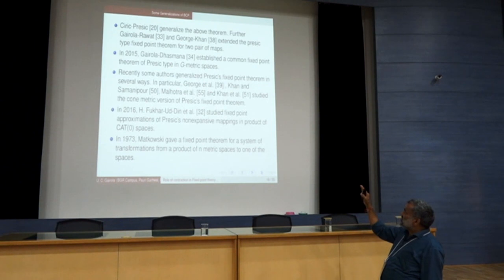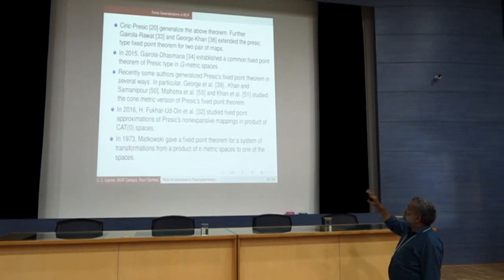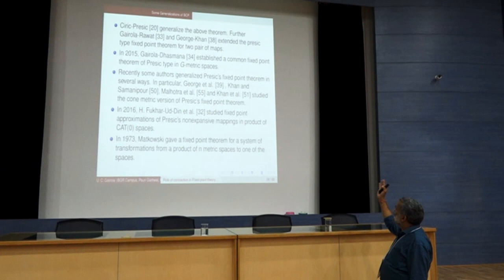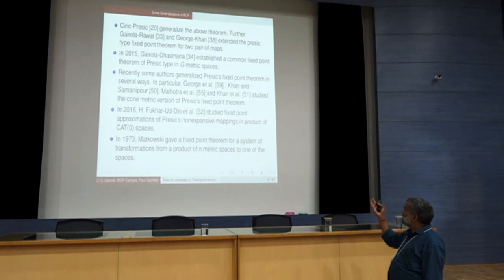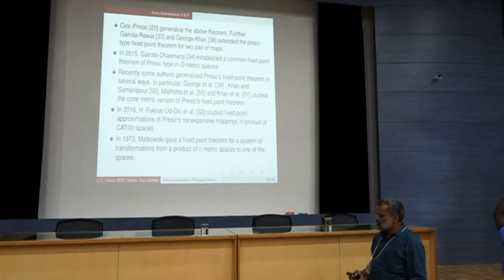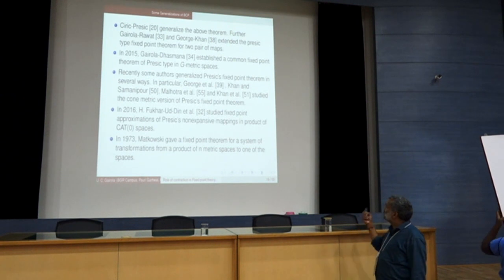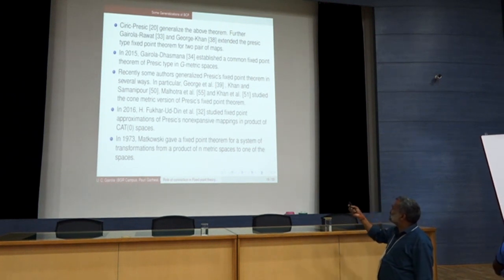Ciric generalized the above theorem further, and my research scholar Rawat and George Khan extended the Presic type fixed point theorem for a pair of maps. Dasmana established one fixed point theorem for Presic type in geometric spaces, meaning you are taking different spaces for this. Recently, some authors generalized the Presic fixed point theorem in several ways.